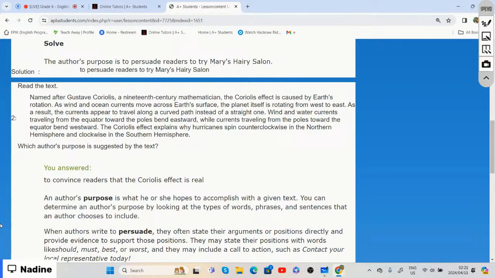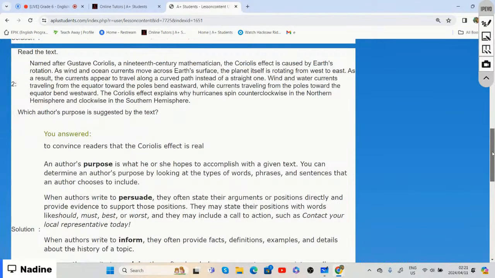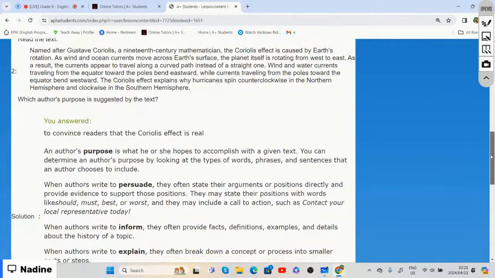Gustav Coriolis, a 19th century mathematician. The Coriolis effect is caused by Earth's rotation. As wind and ocean currents move across Earth's surface, the planet itself is rotating from west to east. As a result, the currents appear to travel along curved paths instead of straight ones.